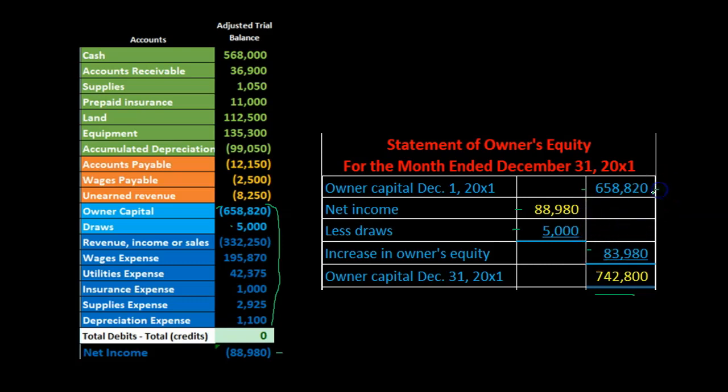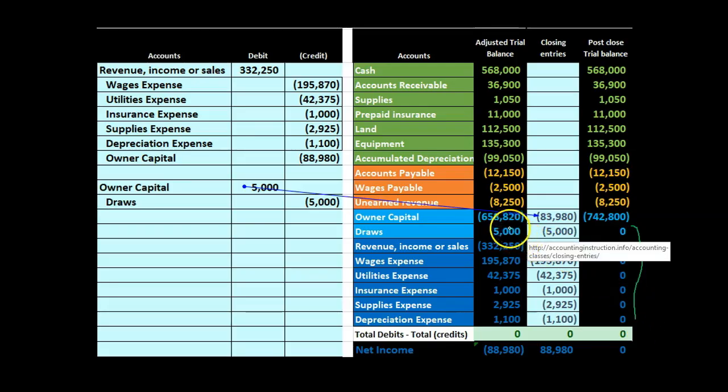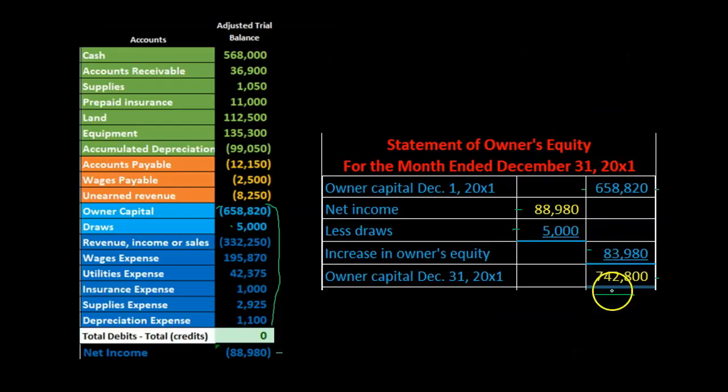So our beginning balance here, plus the difference, which is net income minus draws, gives us our ending number, 742,800. That is similar to what we did in our closing process. Beginning balance plus the net income minus the draws, giving us the 742,800.